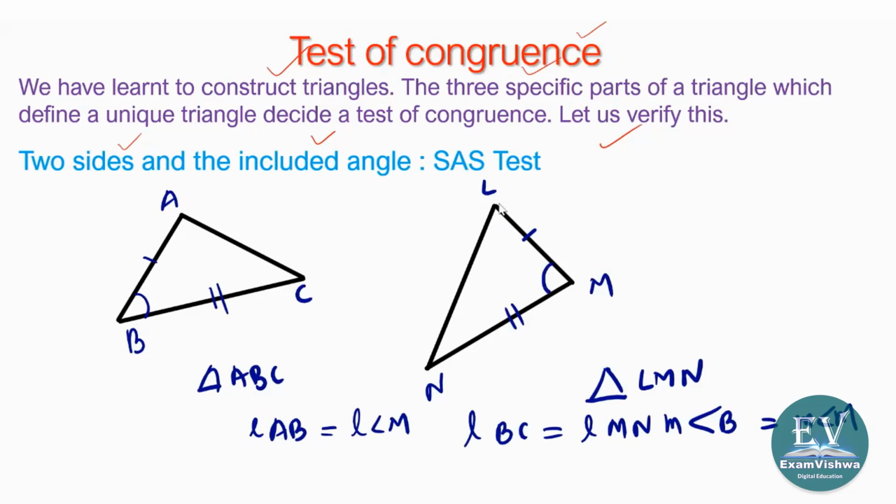That means two sides and the included angle of these two triangles, triangle ABC and triangle LMN, if congruent, if they overlap each other, if one fits onto the other, then we would say that triangle ABC is congruent with triangle LMN.